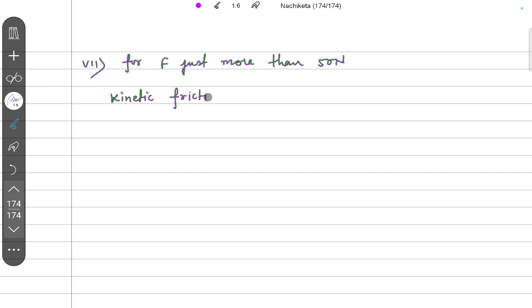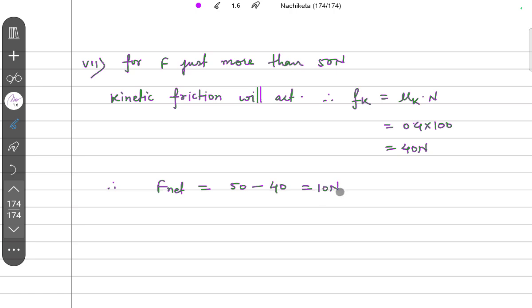Kinetic friction will act. Okay. And therefore Fk has to be calculated, which is mu k into N. And the friction force will be Fk.